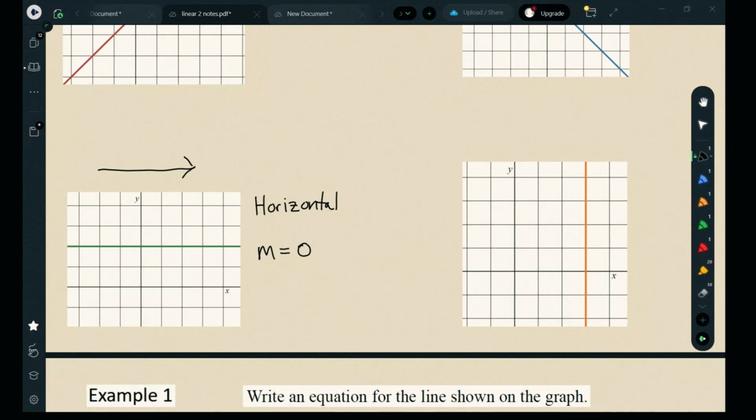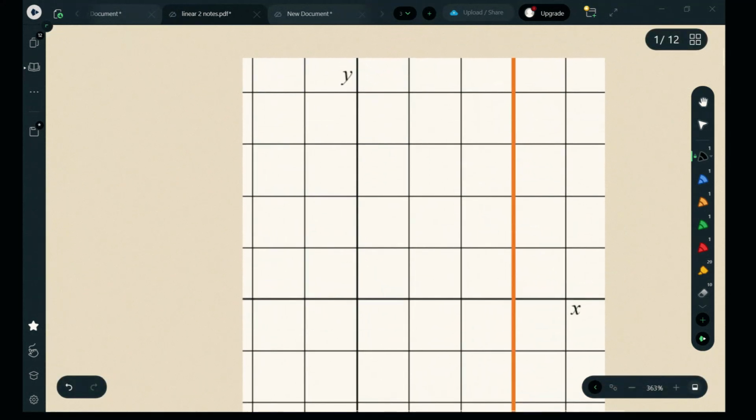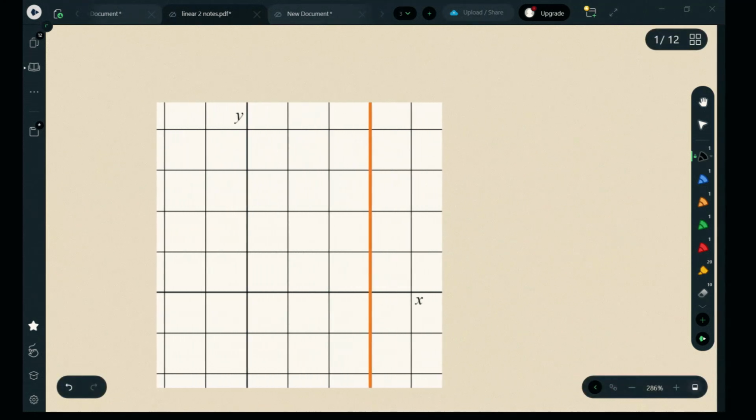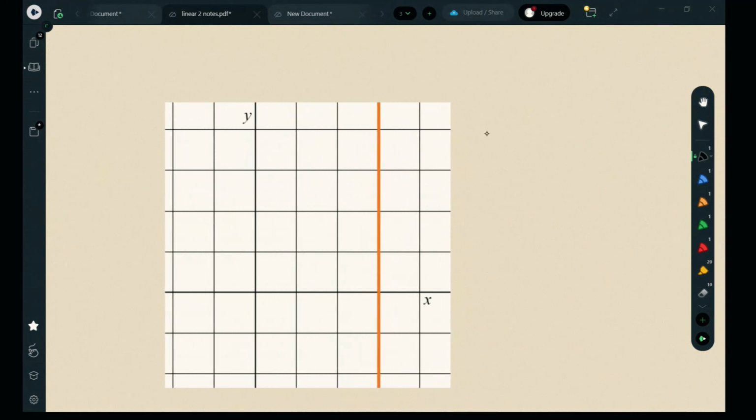And then our last case here, okay, what's happening here? Is this line going up or down? Well, it's hard to really say. It's going straight up, or you could say straight down. You can't really say one or the other because this line is vertical. Okay, a vertical line is going straight up and down.